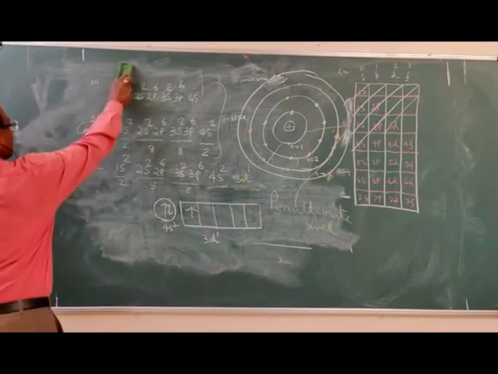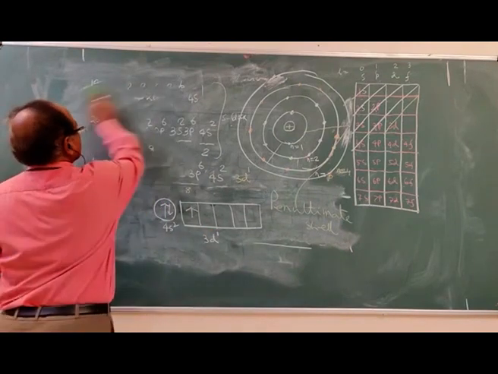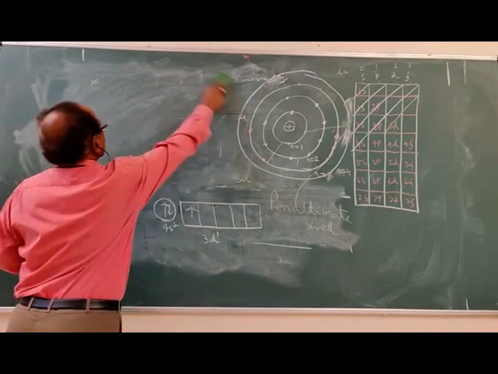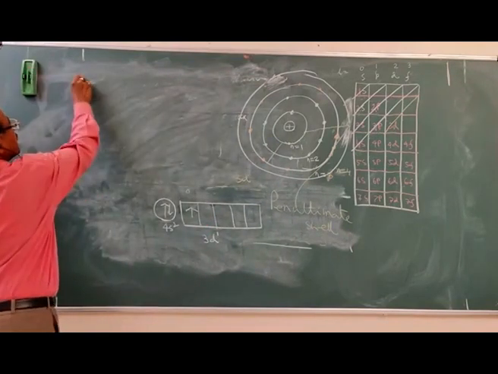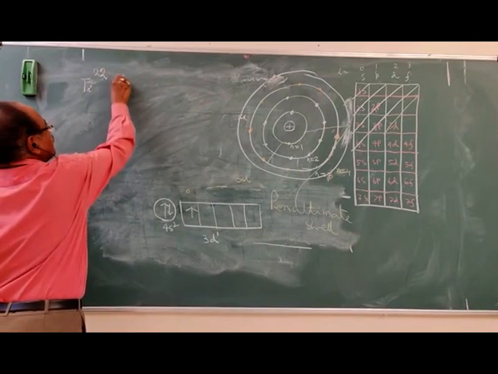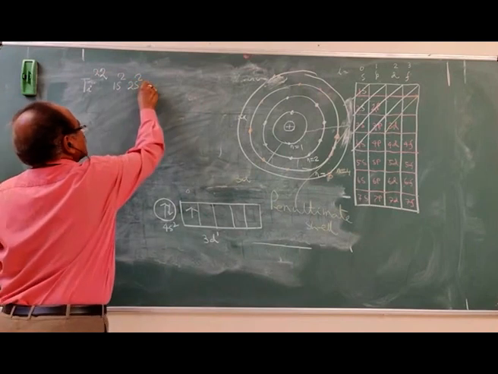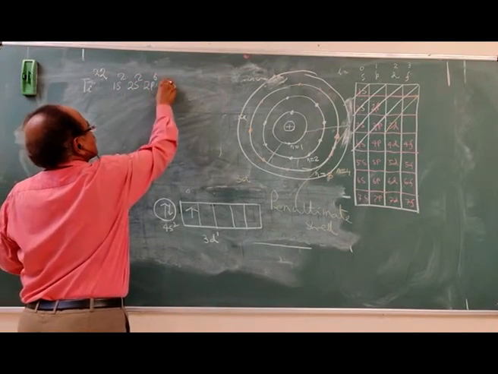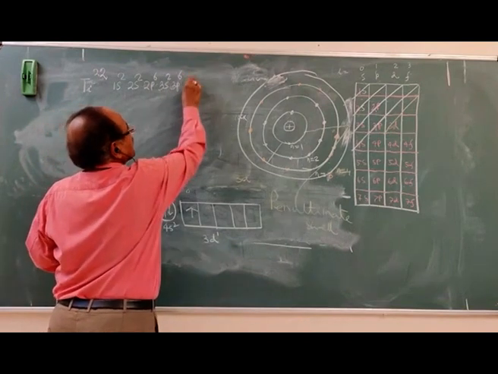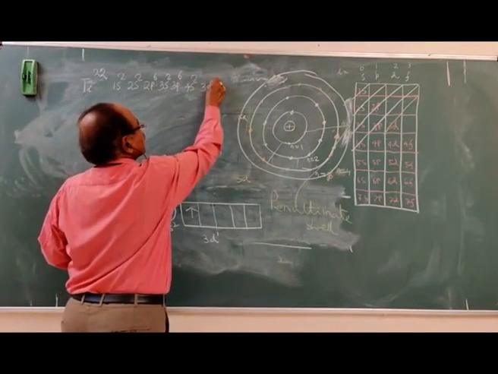Now I am writing the next element, titanium 22: 1s2 2s2 2p6 3s2 3p6 4s2, then 3d2.